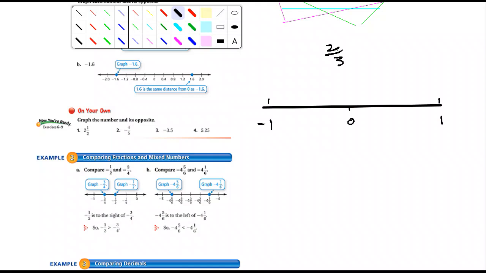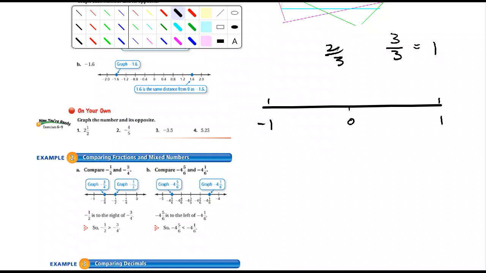So think about it in terms of if 1 was equivalent to something in thirds, what would that be? Well, 3/3 is equivalent to 1. So you need to divide up the spaces between 0 and 1 and 0 and -1 by thirds.